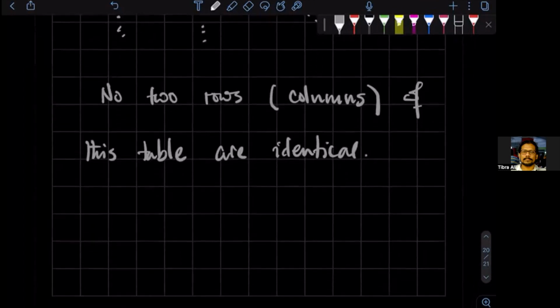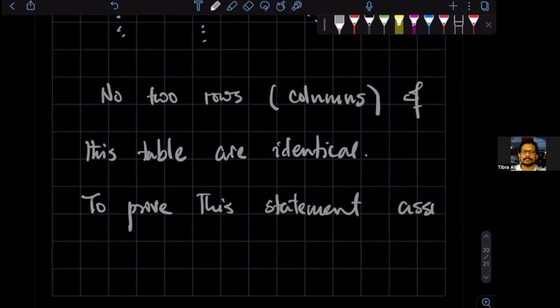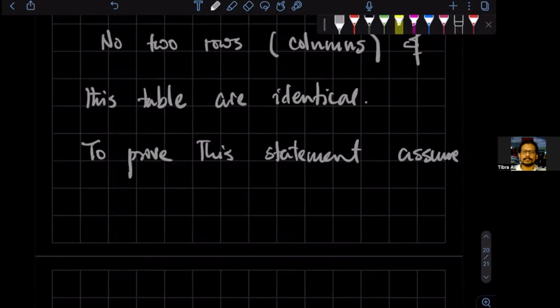So to prove the statement, assume otherwise.